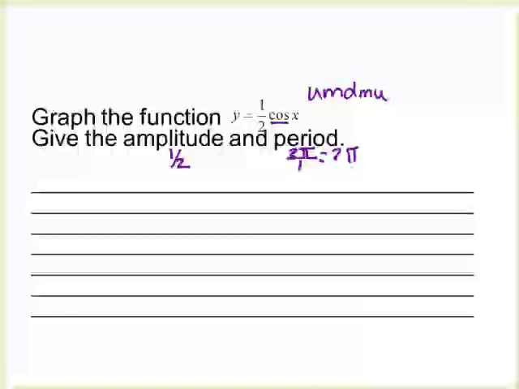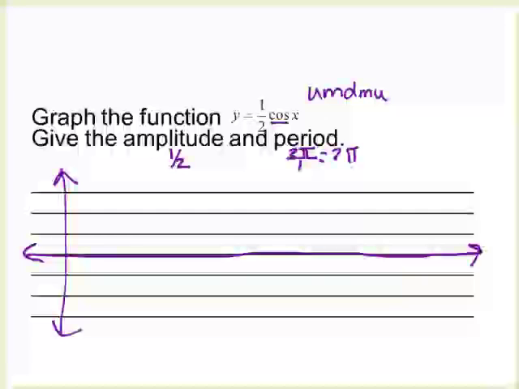So that means then, when I go to create my axes, I will need to measure this one out to 4 pi. To plot points, I'm going to plot that up point first, and it's just up 1/2.